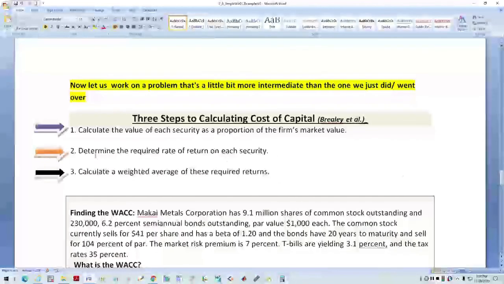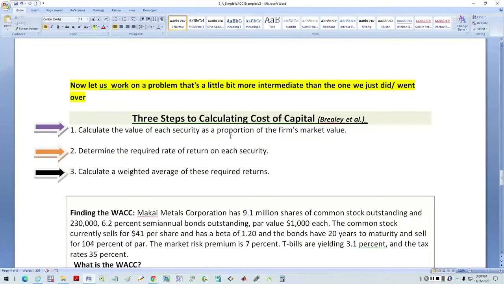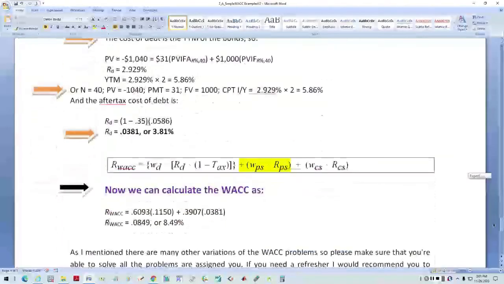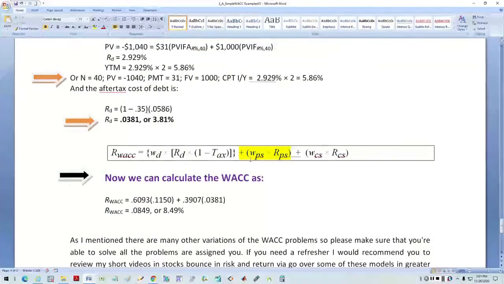Alright, so we're done with step 1, we've calculated the weights. We're done with step 2, determine the required return for each security, in this example stocks and bonds. Now we can proceed to step number 3, calculate the WACC. We can ignore this part of the formula because we don't have preferred stock in the problem.